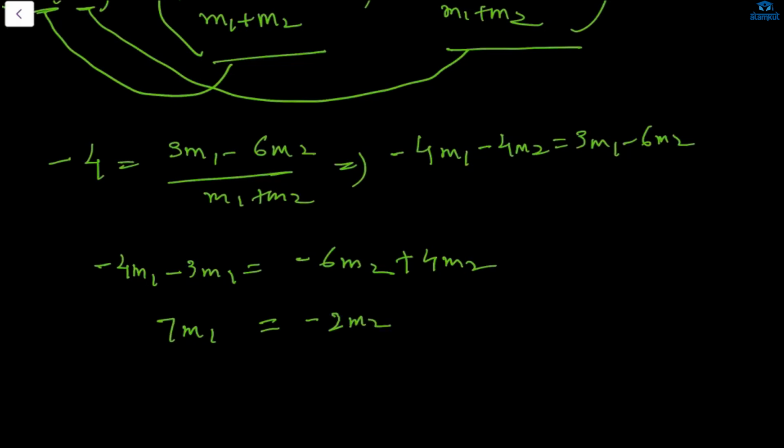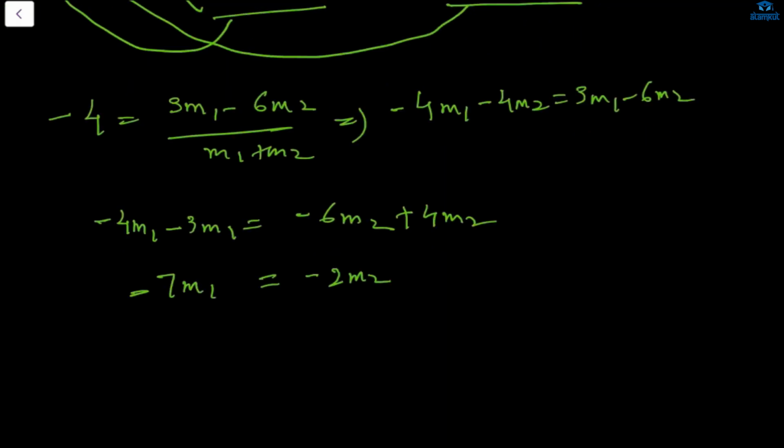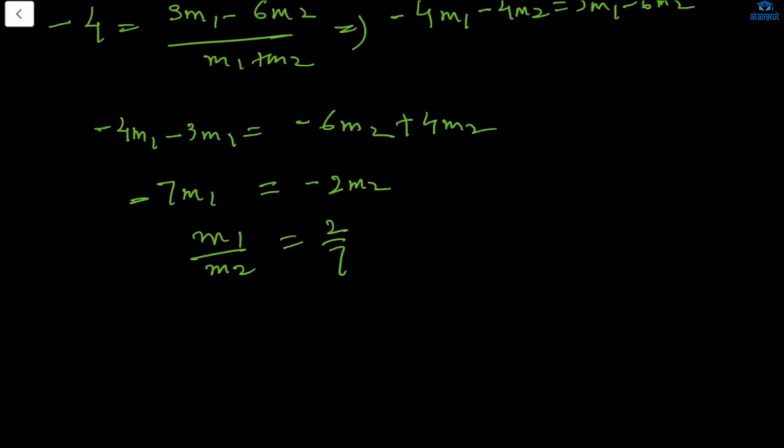Am I right? Now minus and minus cancel. If I take the m1 by m2 ratio, it will be 2 by 7. So we have got the ratio m1 is to m2 is equal to 2 is to 7.